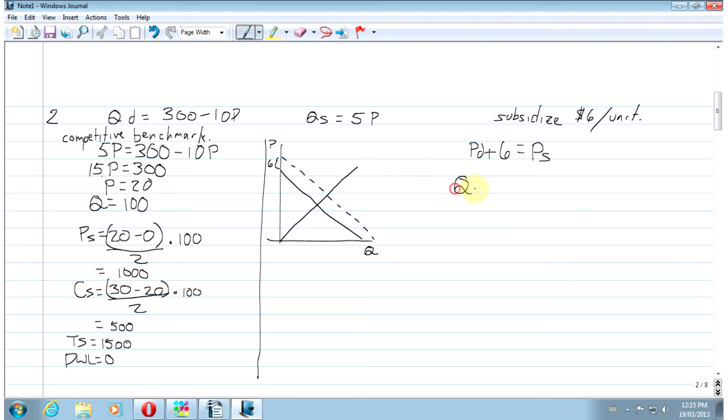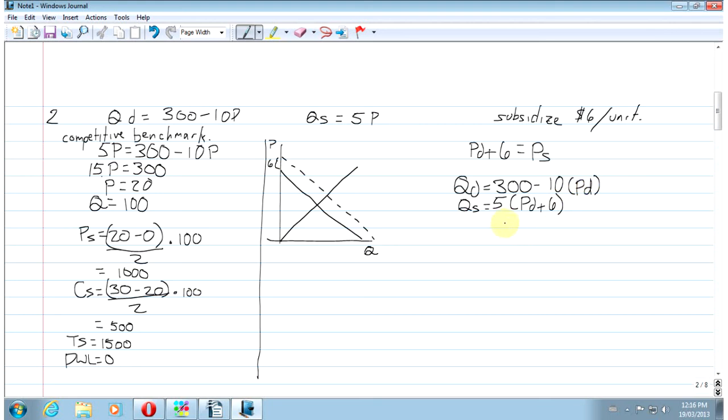So QD is now going to be 300 minus 10 PD, right? And for supply, sorry, I did PS, so QS, I'm going to plug this expression for PS in instead of the original expression that I had. So 5 times PD plus 6.